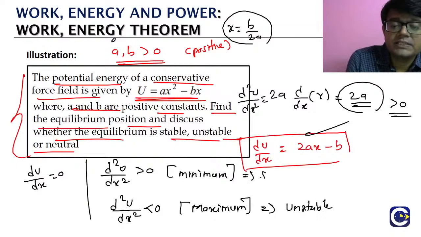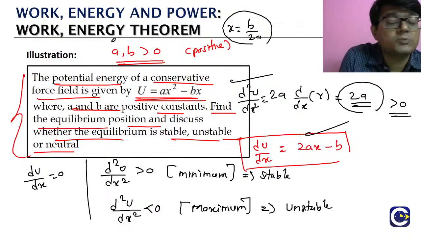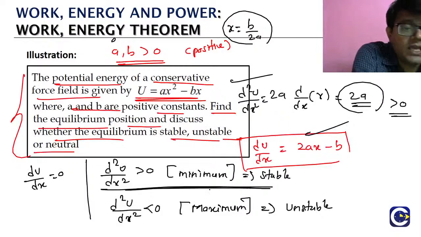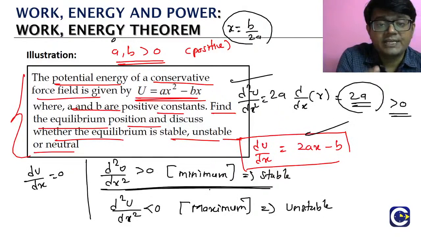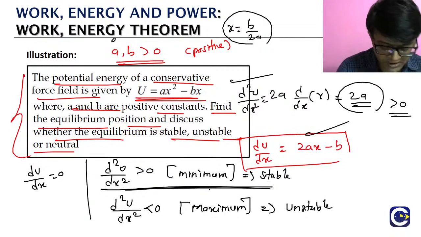So இது என்னது, stable. இப்போ நமக்கு என்ன வந்தது, the second derivative is positive. Second derivative is positive means what, we are in the minimum potential energy state, that is what, stable equilibrium. So generally you have to check.